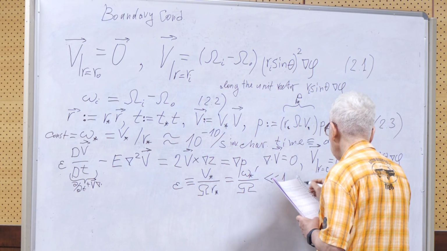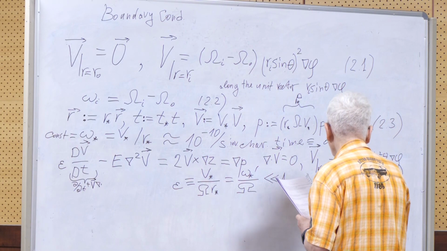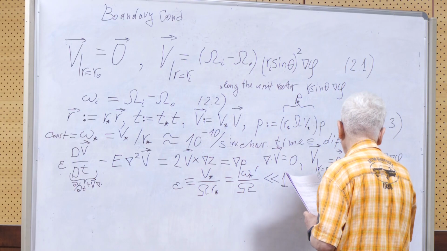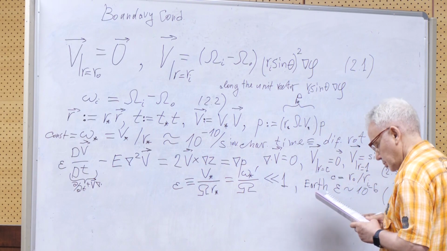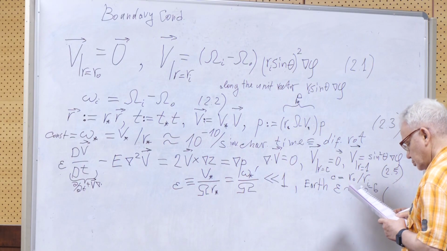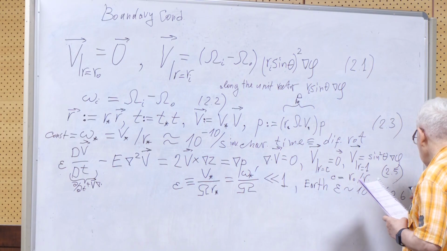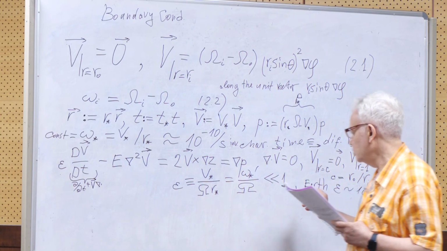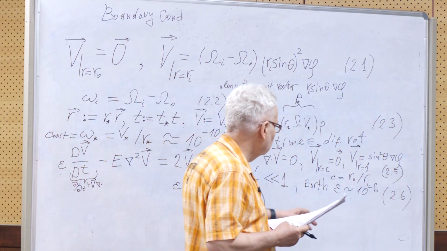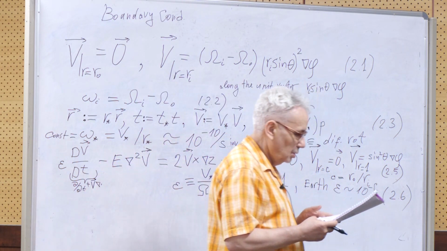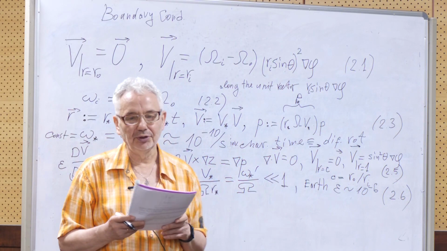For the Earth this epsilon is about 10 to the minus 6. This parameter is very well estimated for the Earth, so it's about this value. It's really very small, one over a million.